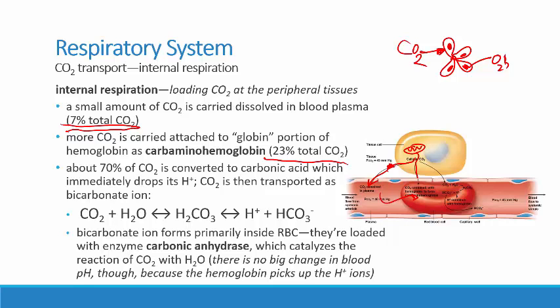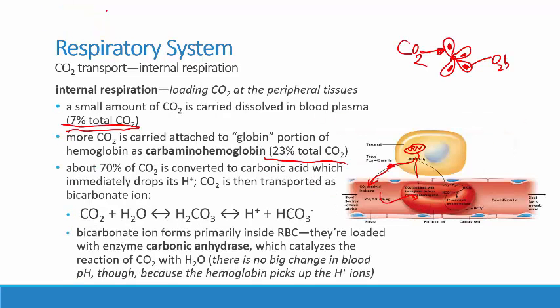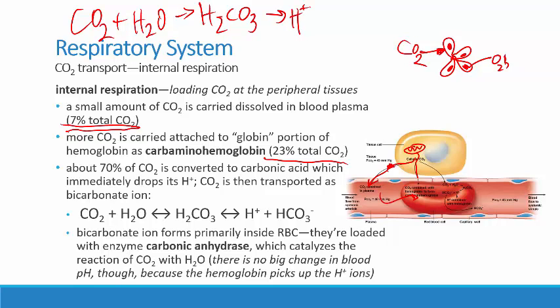But here's the other thing. Remember what happens when you dissolve CO2 in water. CO2 plus water makes H2CO3, that's carbonic acid, which then drops off a hydrogen, leaving behind HCO3, the bicarbonate ion.